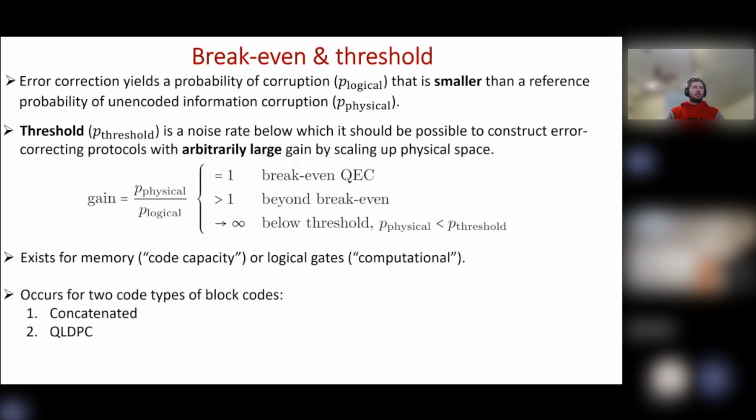And the two kinds of thresholds that I'm aware of: you can derive a threshold using a concatenated family, which means you just keep encoding in the same family over and over again. You encode the physical qubits in some logical qubits, and then you take blocks of that and encode the logicals again, using them as physicals to encode another layer of logical.